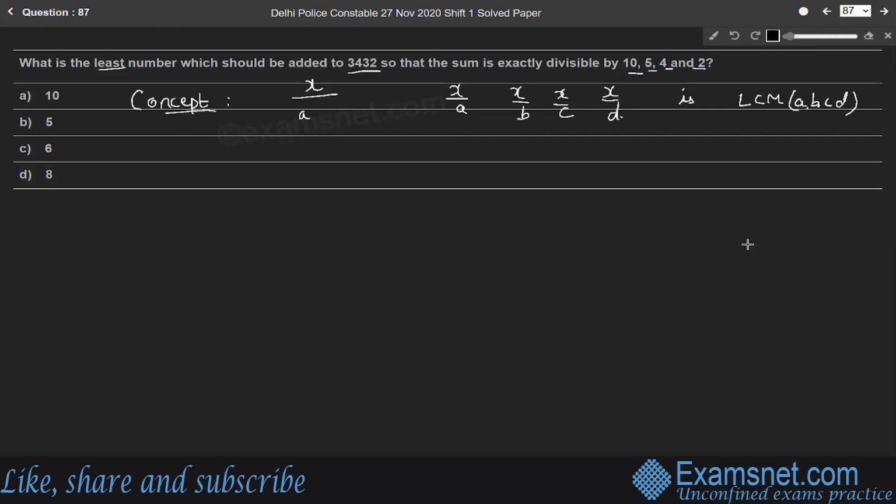So LCM of 10, 5, 4 and 2. So least common multiple is 20, right? So that 20 is divisible by all these numbers. 20 is divisible by 2, by 4, by 5 as well as 10, right?